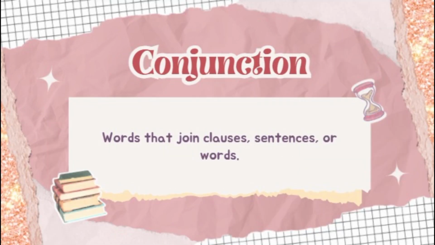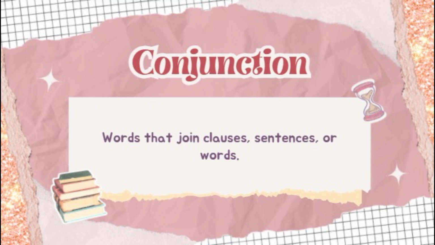Next is conjunction. A conjunction is a word that connects words, phrases, or clauses in a sentence. It helps to join ideas and make sentences clearer and more connected. There are three main types of conjunction. Coordinating, for example and, but, or. Correlative, pairs like either, or, neither, nor.